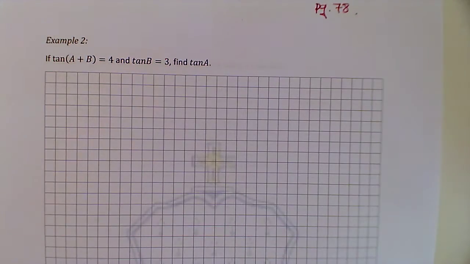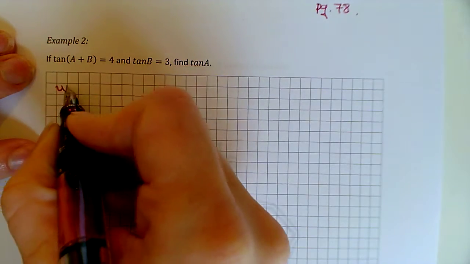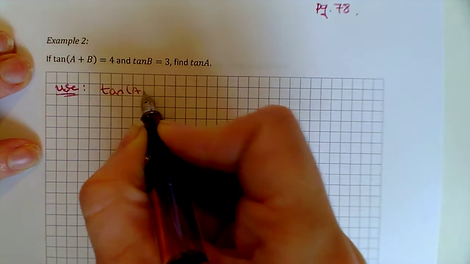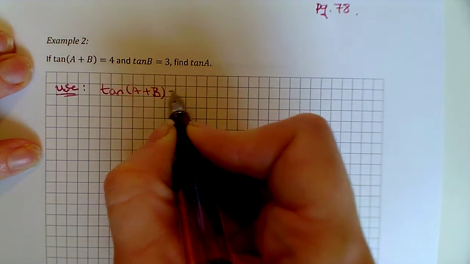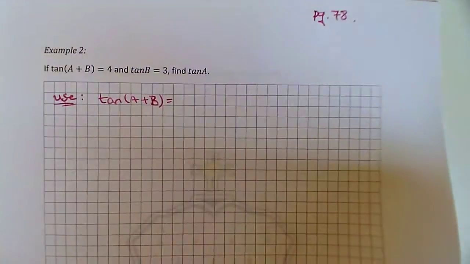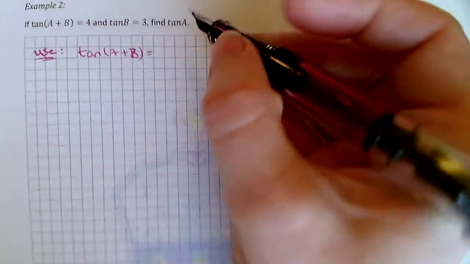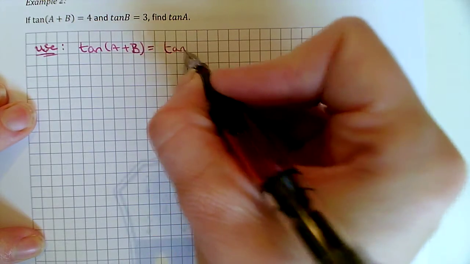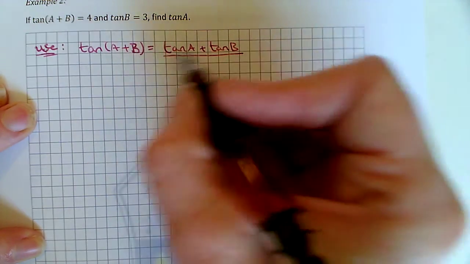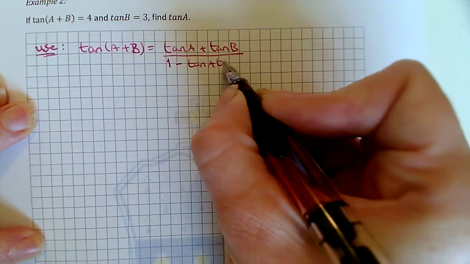So if we look at this question, they have tan of a plus b. So straight away, I think we can guess that we need to use our tan of a plus b formula. Tan of a plus b is equal to, let me just look it up, tan of a plus tan of b all over 1 minus tan of a tan of b.